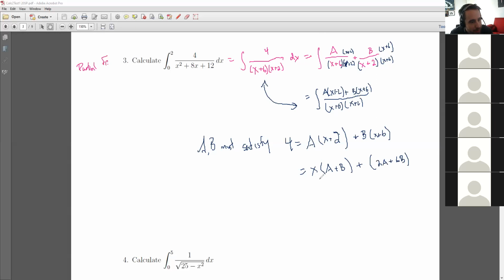For this term, the x times a plus b, we have to recognize that there is secretly a 0x over here. So 4 could be interpreted as 0x plus 4. And so 0 equals a plus b, while separately, we know that the 4 should equal 2a plus 6b.